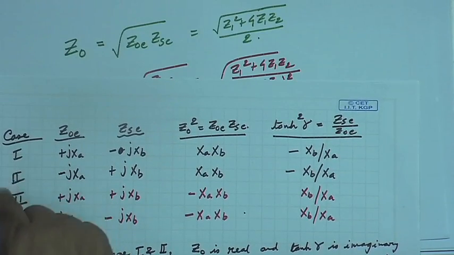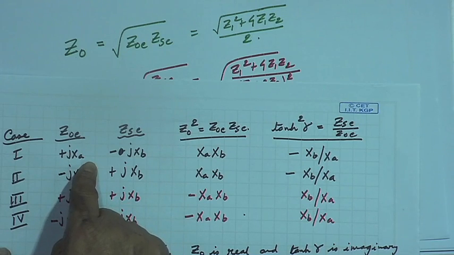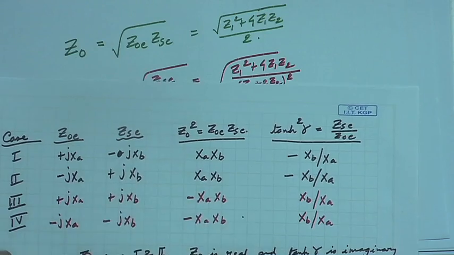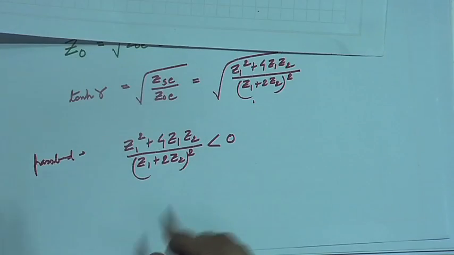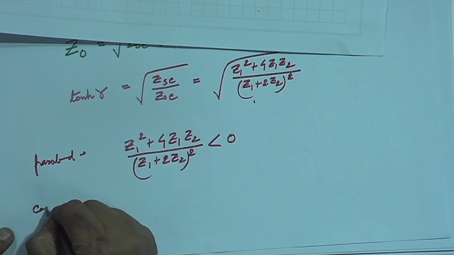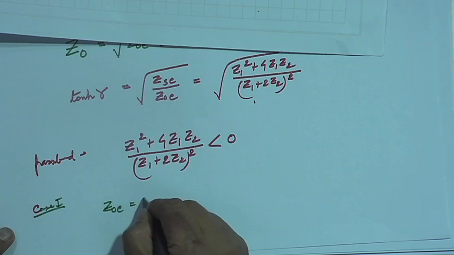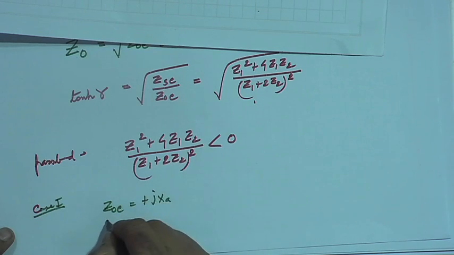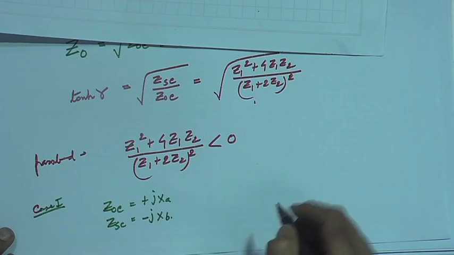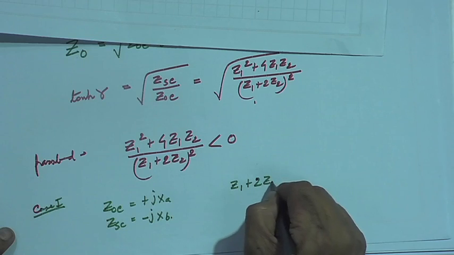We will now confine ourselves to case 1 and 2. In case 1, ZOC is plus JXA and ZSC is minus JXB. So what happens to (Z1 plus 2Z2) by 2?